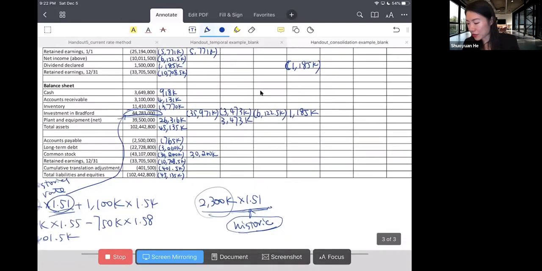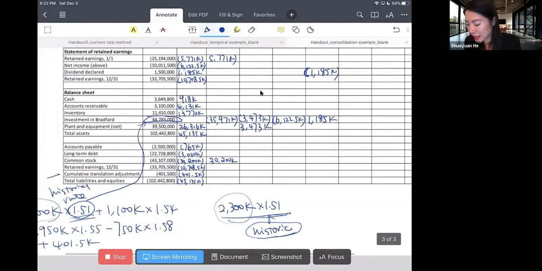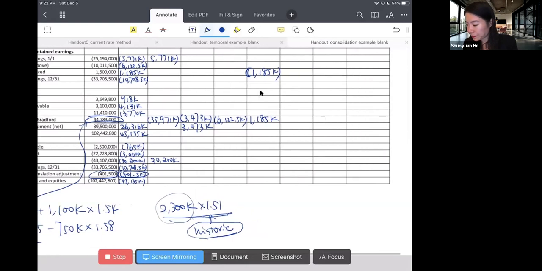Actually, maybe we can just look at here. If you can see here, the cumulative translation adjustment is double counted when the parent is using the equity method. So we just need to eliminate this double counting.